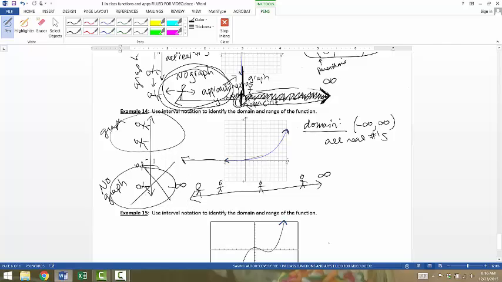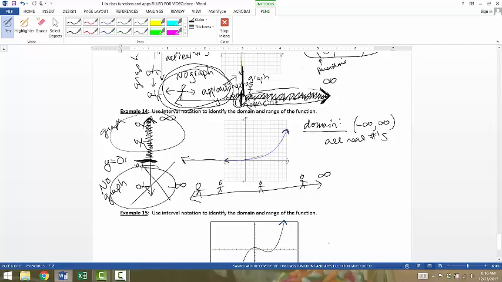So where does it start? It looks like right here at the x-axis is where we need to start thinking about graph existing. And that would be a height of y equals 0. So anything above that, it looks like there's graph. Anything above y equals 0, all the way up to positive infinity. Now this graph here looks like it's getting closer and closer to the x-axis, but it's not actually hitting it.